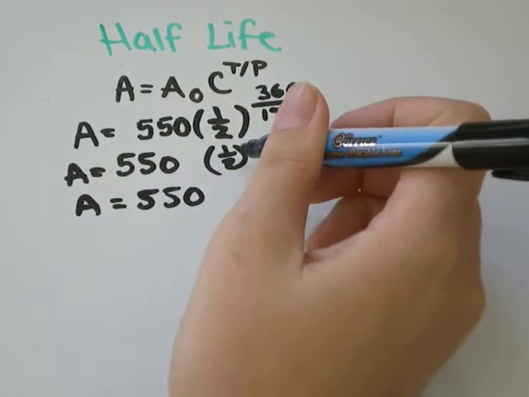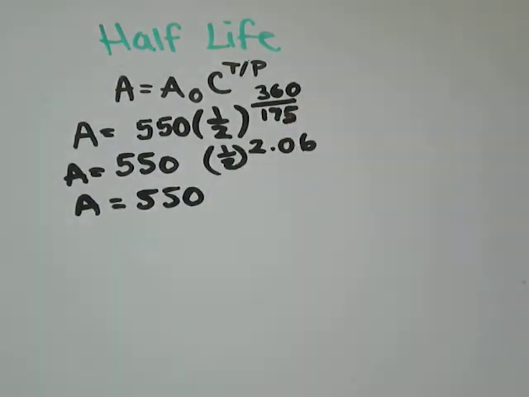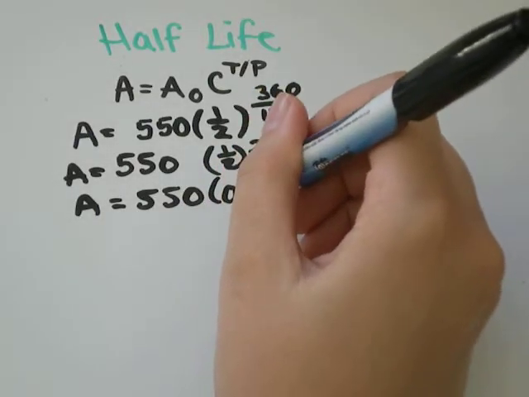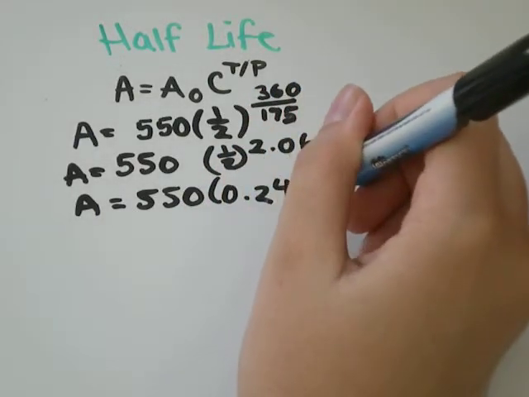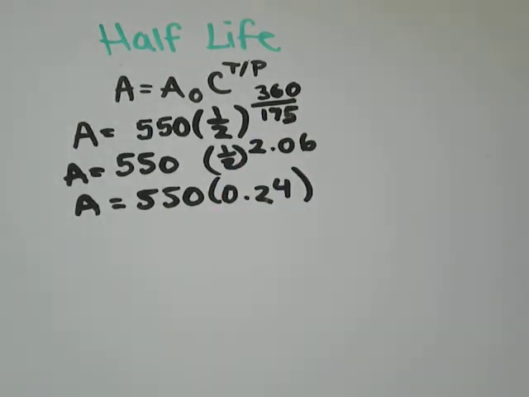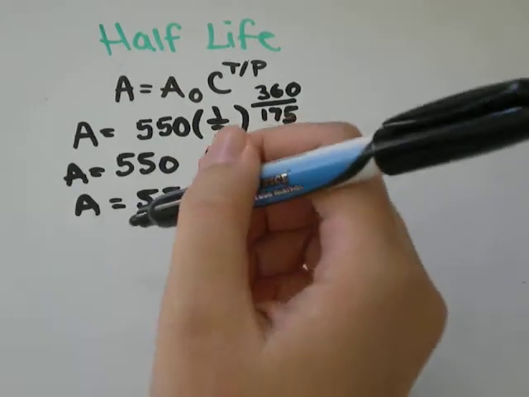So now let's figure out what is 1/2 to the power of 2.06. Just going to go 0.5 in my calculator to the exponent of 2.06 equals, I get that it's equal to 0.24, let's say. 550 times 0.24 I get is equal to 131.9 grams.